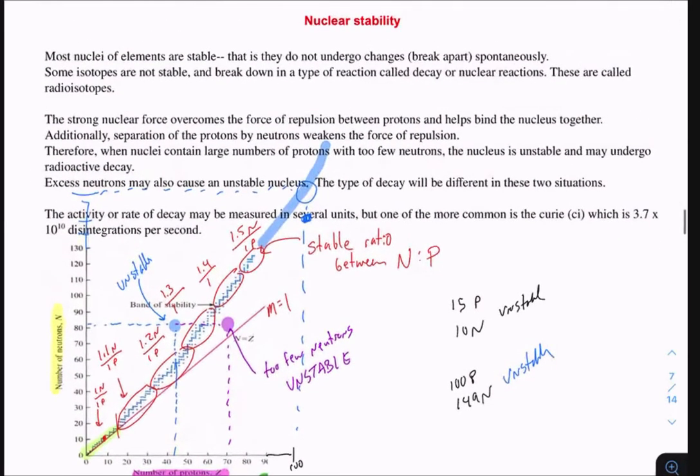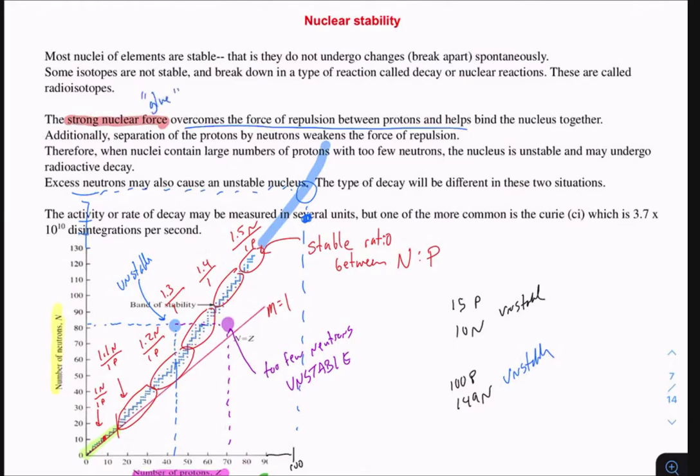We should talk about another term too, and that's called the strong nuclear force. So in the nucleus, yes, you have the protons being separated by neutrons, but there's also another force which is outside the scope of this class, and therefore we're not going to study it. It's more of a nuclear physics concept called the strong nuclear force, which overcomes the repulsions between protons, and it's basically acting as a glue.